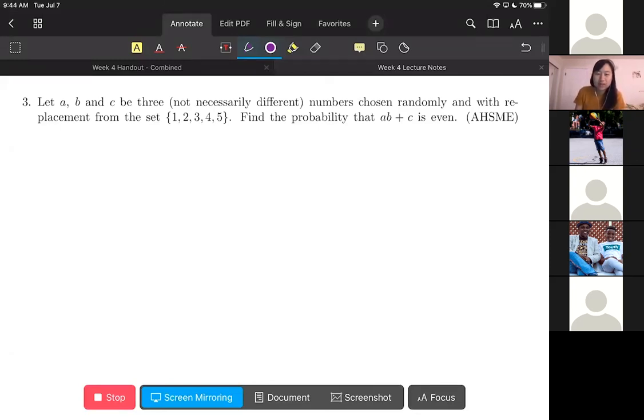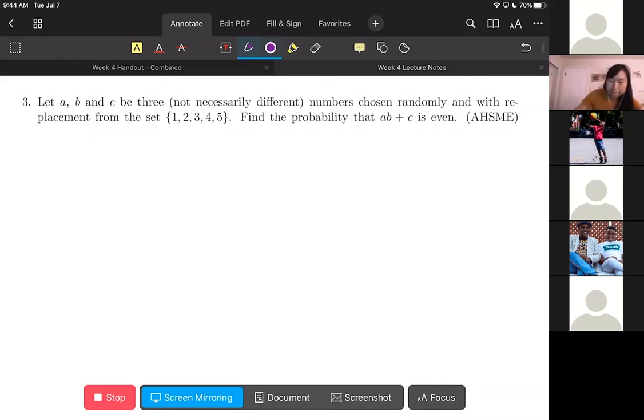So it's a little bit trickier, right? Let's first think about what are the different ways in which AB plus C is even? How do we even get this expression to be even? Well, first we can look at ways in which we can produce even numbers.